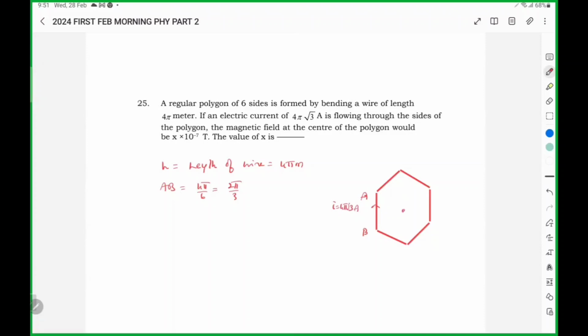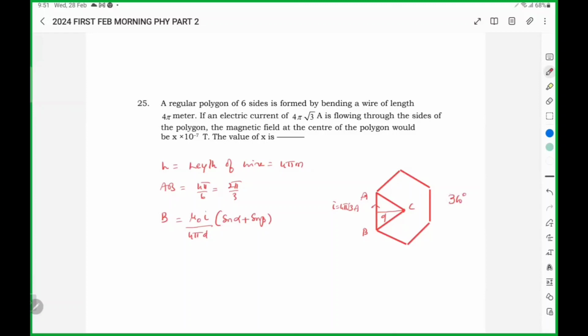The magnetic field at the center, so the formula: magnetic field at a distance d from a current carrying finite wire, is proportional to sine alpha plus sine beta. So here it is 360 degrees.